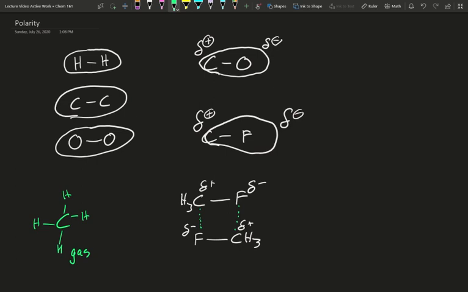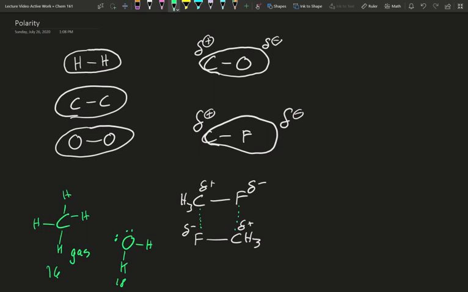Methane is a gas. And yet, simply by changing to oxygen and having less hydrogens, the mass is almost identical. 16 versus 18. That is not a huge change. And yet water is liquid at room temp.